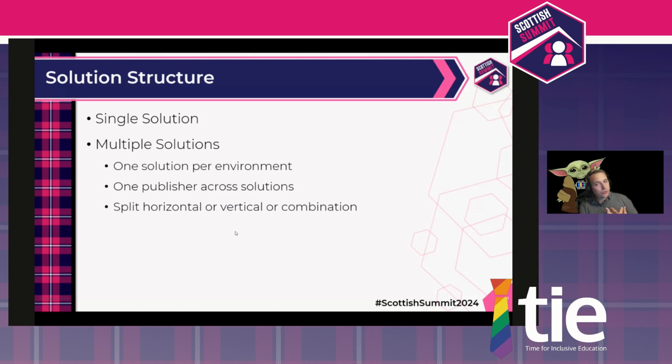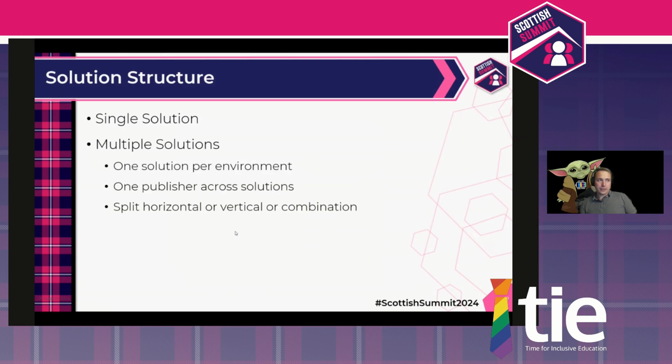So we often have just one dev environment, and if the solutions don't have any overlap, then it might be okay to have several unmanaged solutions in one dev environment, but you have to be sure that they don't overlap in components.